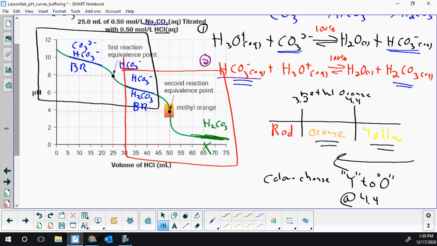We never want to get to 3.2. We never want to get to red if we were just doing a titration and wanted to stop at that equivalence point. And that's the color code that you see written into this diagram. Yellow at the top. It's really hard to see the orange right at the black dot, at the 50 mil black dot. And if you go past the black dot, you get the red that you don't want to see.